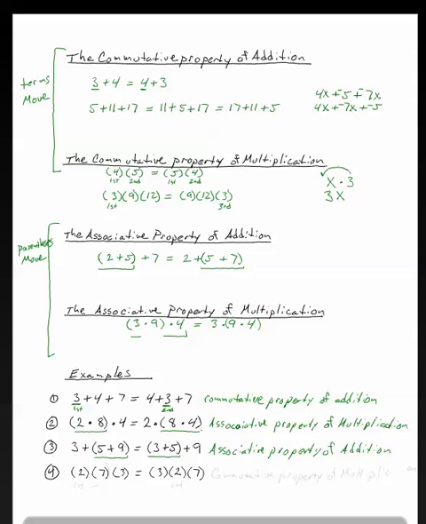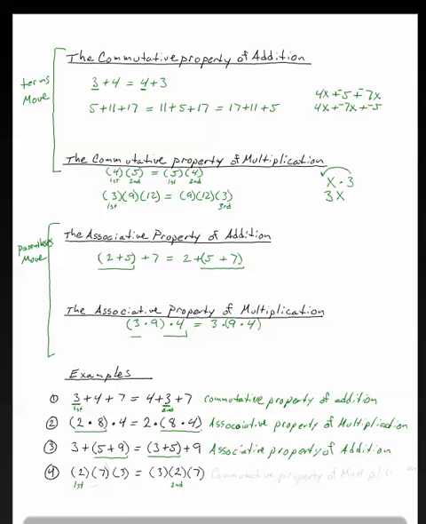In our last example, number 4, look at the order of the numbers. 2, 7, 3 on the left, 3, 2, 7 on the right. So these are moving. On the left-hand side, the 2 is in the first position, and on the right-hand side, the 2 is in the second position.